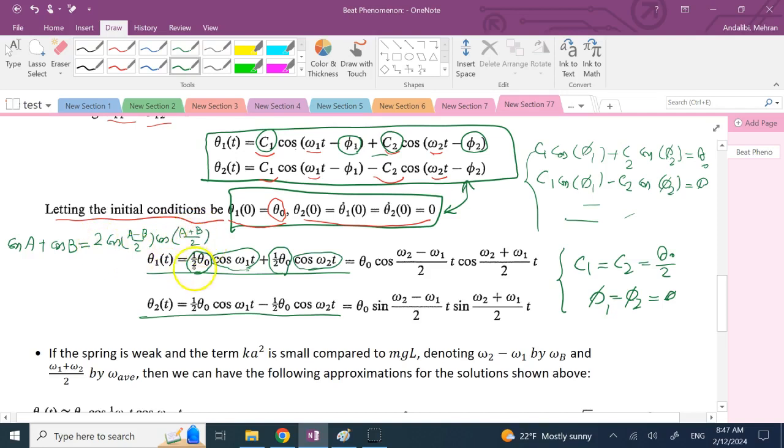The order doesn't matter. You have this 2 and that 1/2 which cancel each other, so you get theta naught cosine of (omega 2 minus omega 1) over 2 times t, times cosine of (omega 1 plus omega 2) divided by 2 times t.